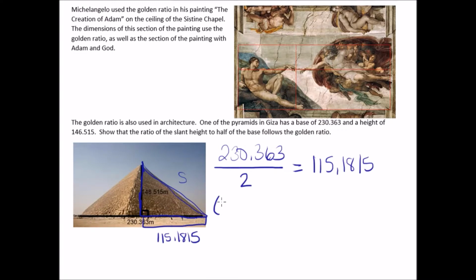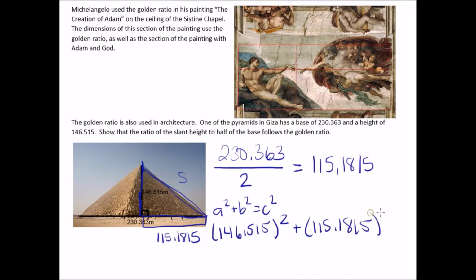Now, let's use Pythagorean's theorem to find the slant height. Actually, let's write out the formula just as a review. Okay, a squared plus b squared equals c squared. So we'll do 146.515, square that, plus 115.1815, we'll square that, and then we'll solve for that.